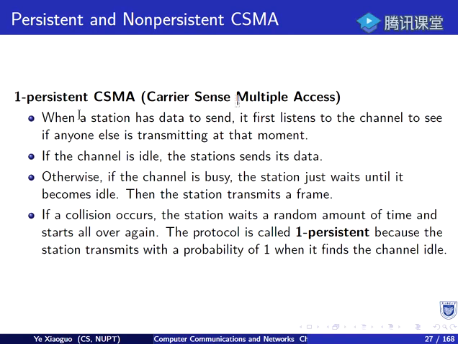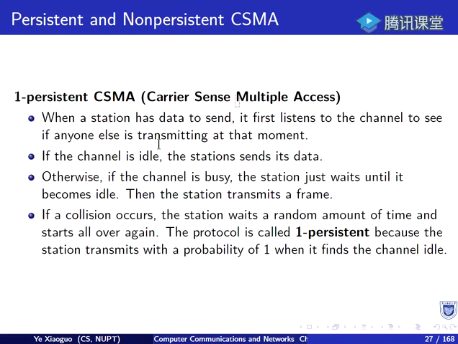But sometimes time slotting cannot be realistic, whereas carrier sense we can implement in the protocol. When a station has data to send, it first listens to the channel to see if anyone else is transmitting at that moment.